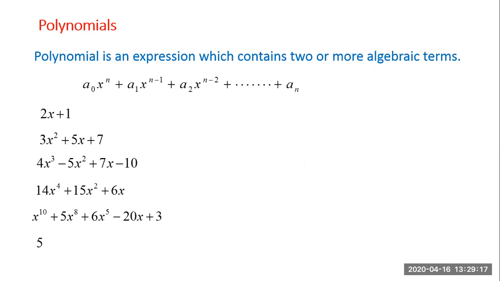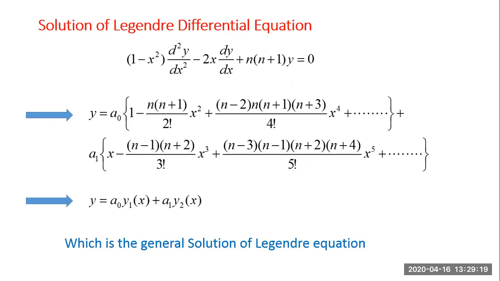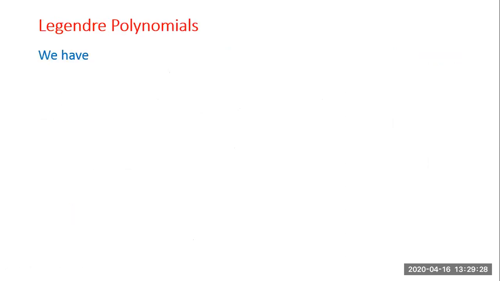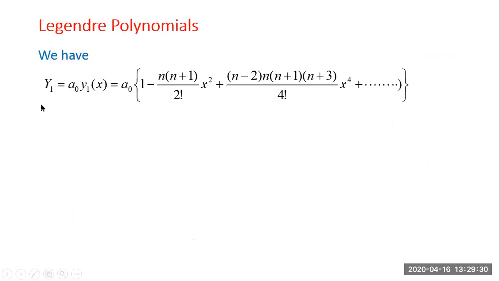Okay, so in this video we discuss what are called Legendre polynomials. If I go back to the solution of Legendre differential equation, I have two parts here, a naught y1(x) and a1 y2(x). Let me denote a naught y1(x) as capital Y1.